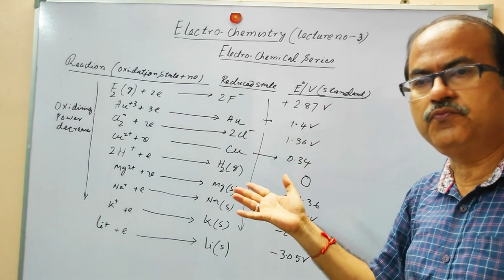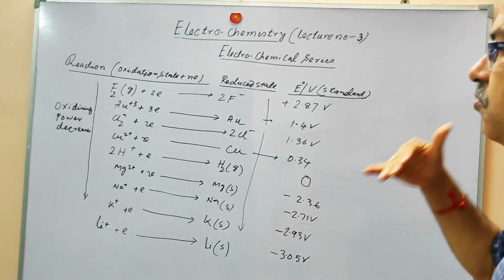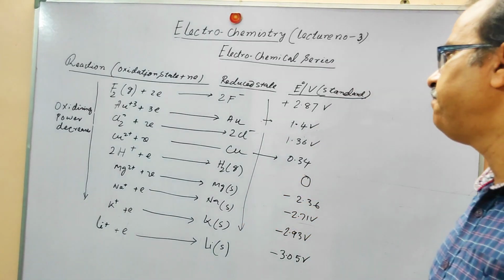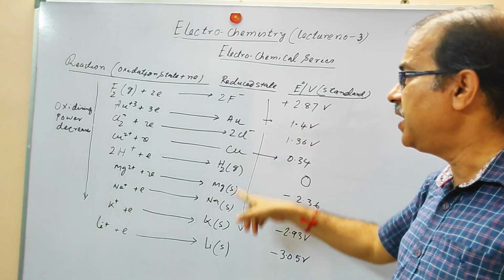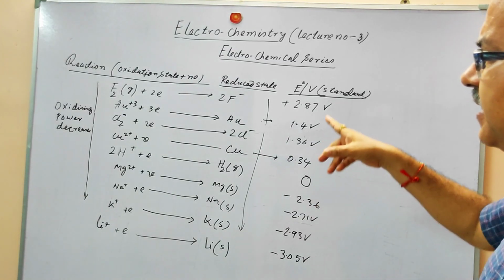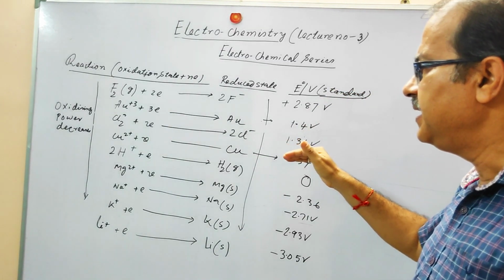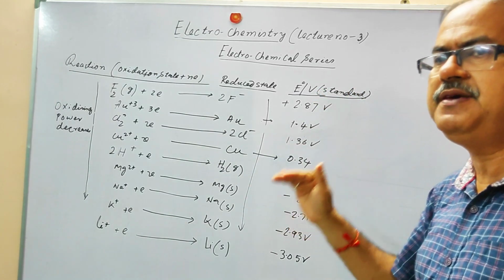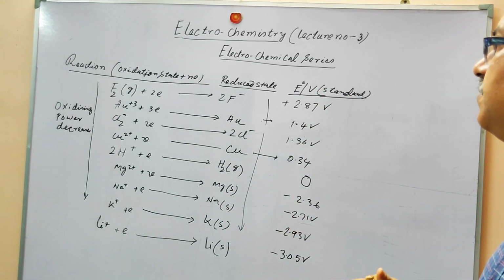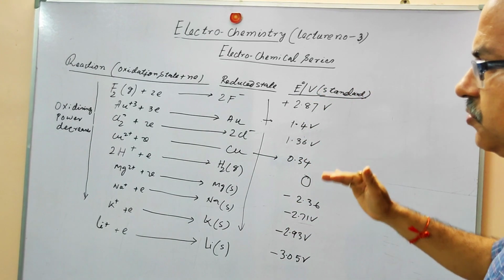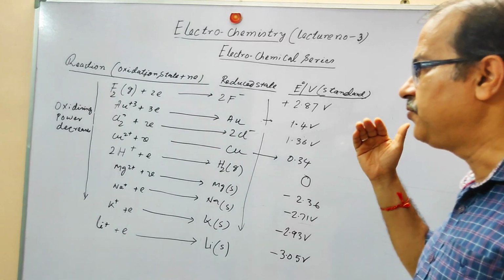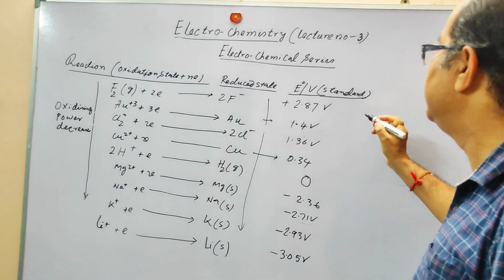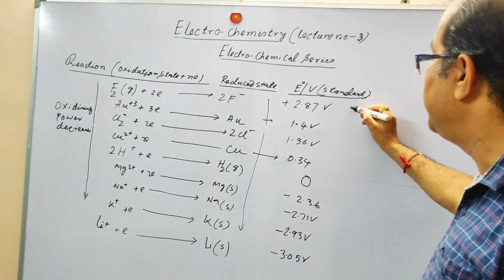You will find in your book that a lot more elements are there. The main thing is that the oxidizing power and the reducing power of the species can easily be assessed from this electrochemical series.